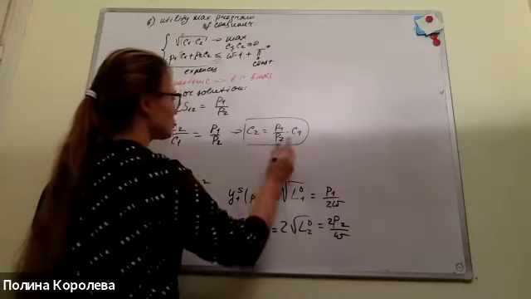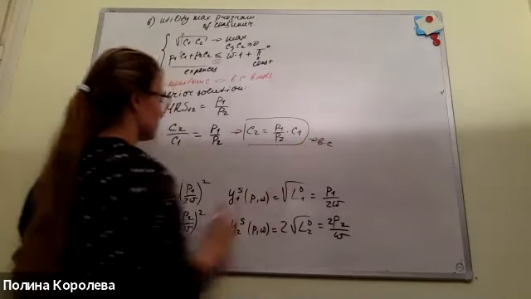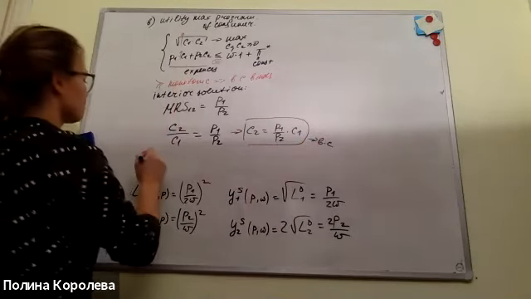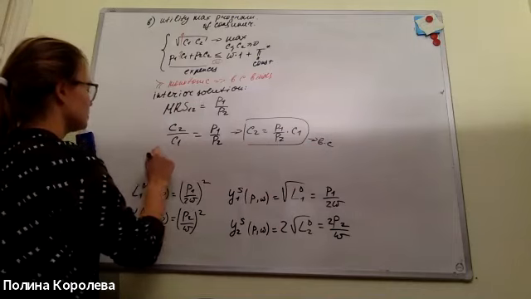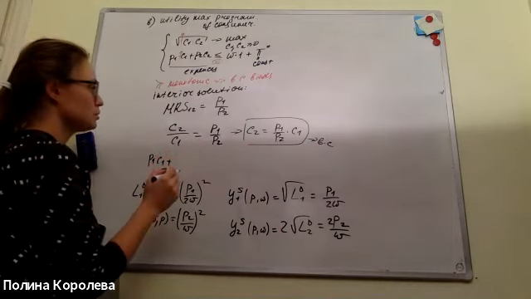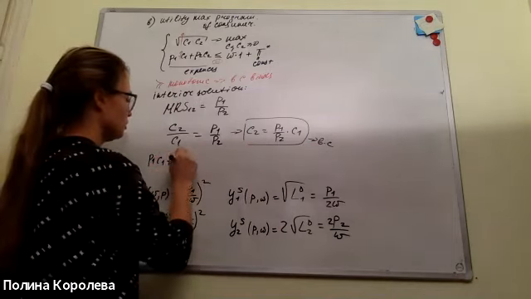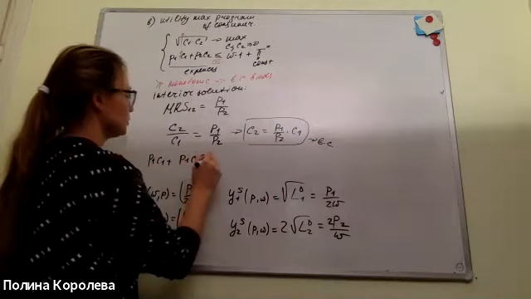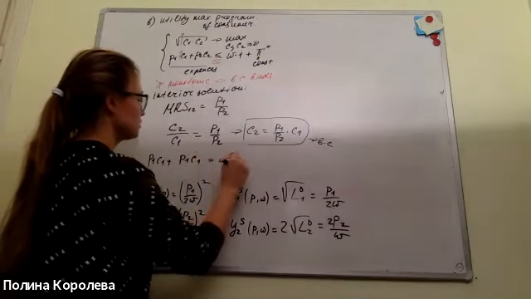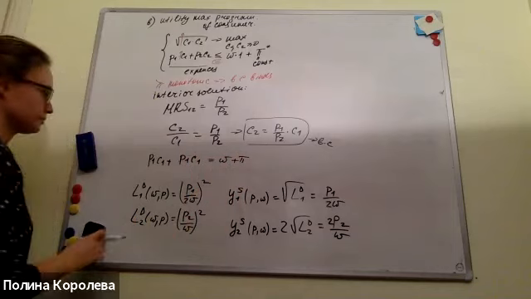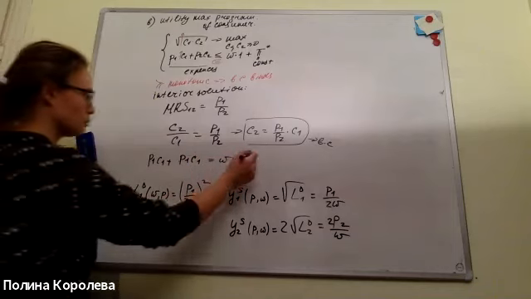Put this optimal proportion into budget constraint. P1 C1 plus P2 C2, it's P1 C1 one more, equals to V plus optimal profit.